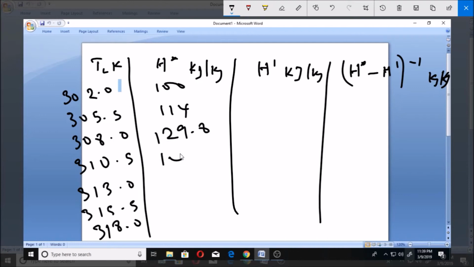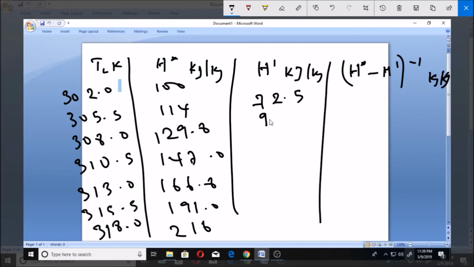Which we are going to have as 100, 114, 129.8, 147.0, 166.8, 191.0, 216. So we'll find this, as we already calculated this, so we can still trace it out at the various temperatures from our graph.